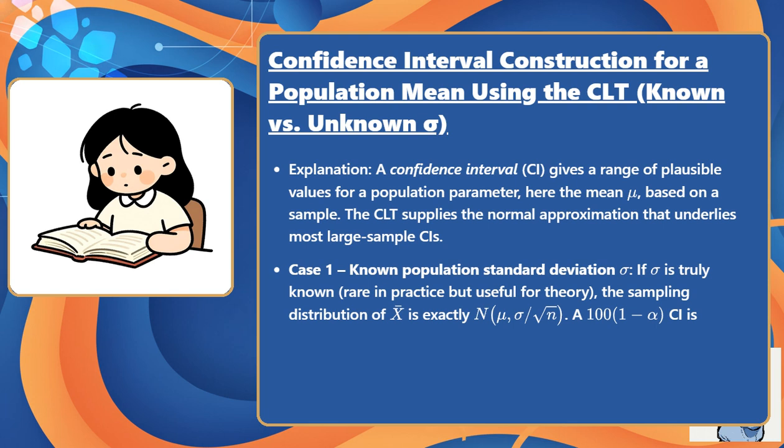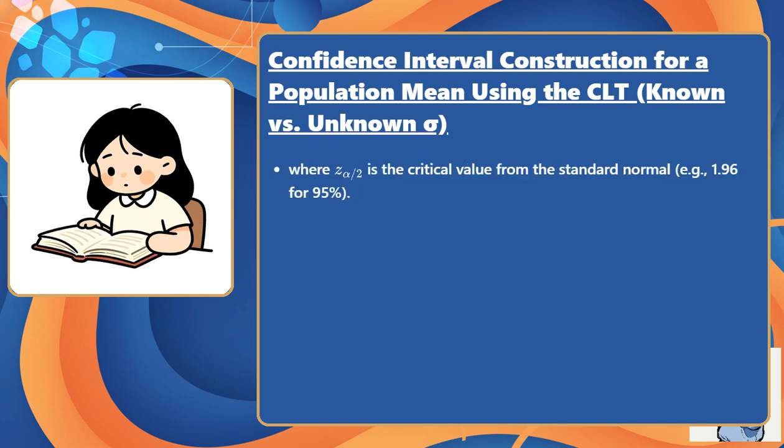A 100 times left parenthesis 1 minus alpha right parenthesis percent confidence interval is x bar plus or minus z sub alpha over 2 times sigma over root n, where z sub alpha over 2 is the critical value from the standard normal, for example 1.96 for 95%.